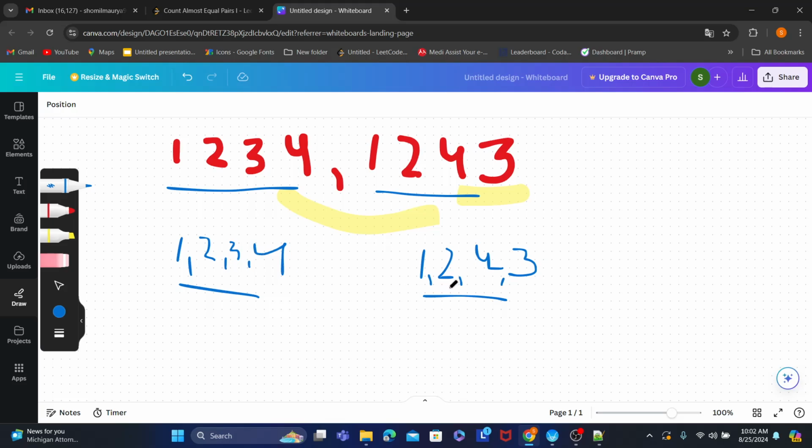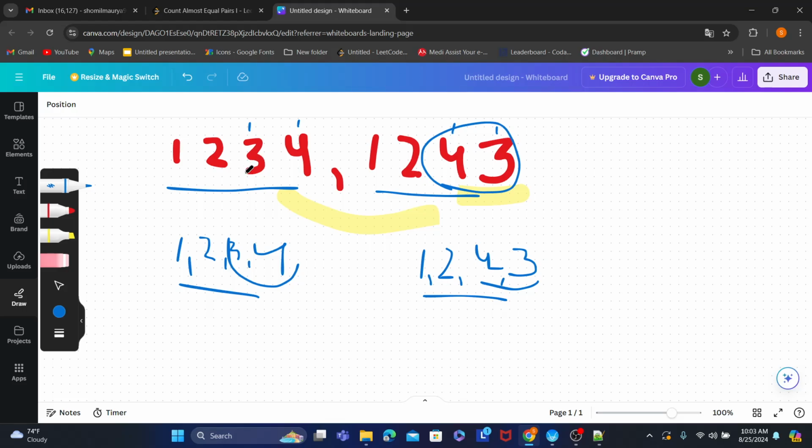Now the second thing we need to check is whether these two numbers differ at only two positions. Here we can say the number differs at this position and differs at this position. So there are only two positions where they differ. So either there are two positions, or both numbers are equal.